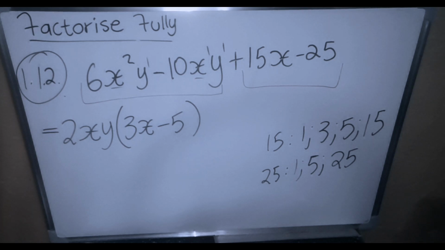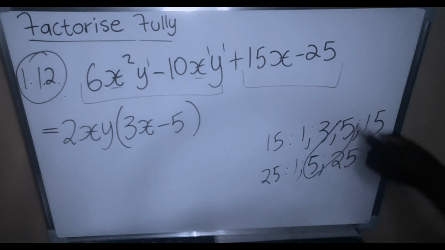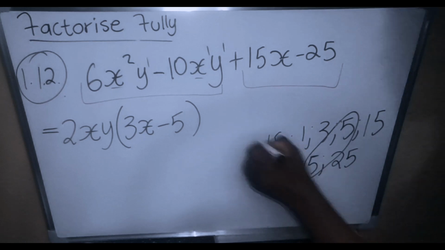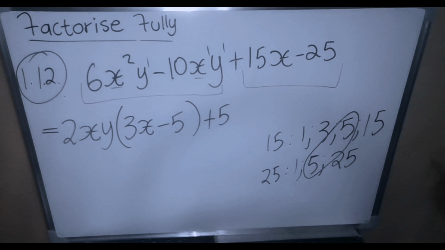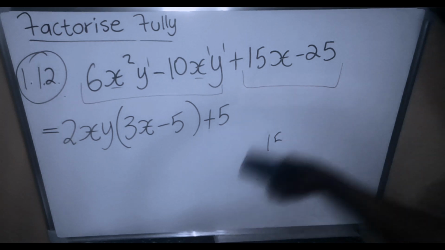What is our highest common factor in this case? 5. Therefore, I take 5 outside. Keep our plus 5 outside the bracket. And here, guys, are we clear? So, guys, we are clear.